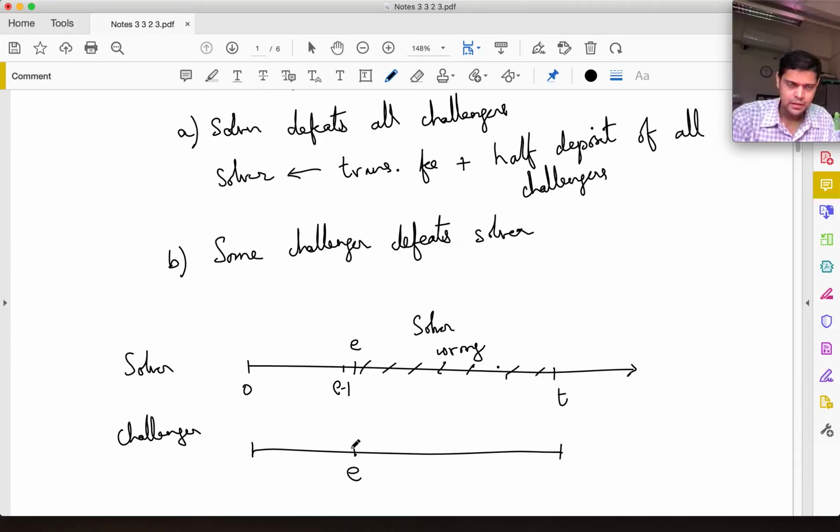But suppose we give the benefit of the doubt to the challenger and we say that this solution is correct. The problem is, maybe he has made a mistake over here, or deliberately done something wrong.